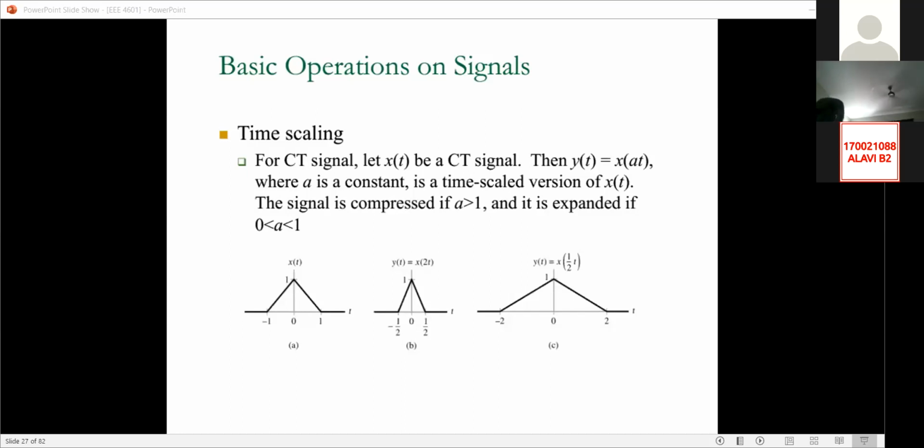Operation on the independent variable is very important and a bit more complicated than operation on the dependent variable. The reason is that whenever we operate on the independent variable, it changes the time behavior of your signal if it is time dependent, or the space dependency if it is space dependent.